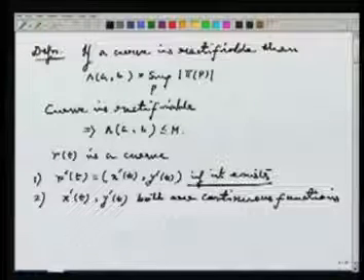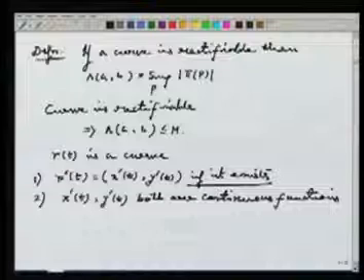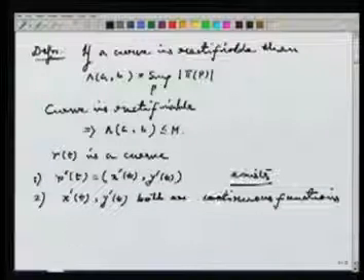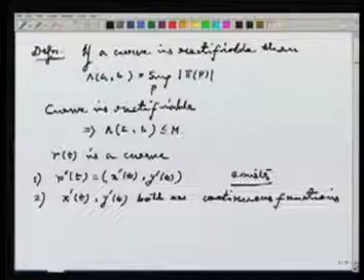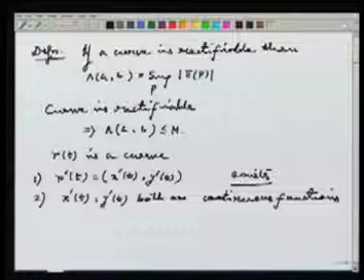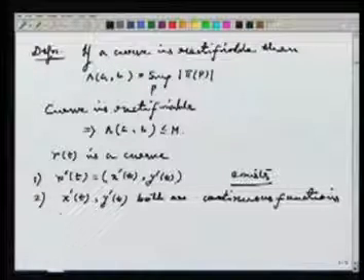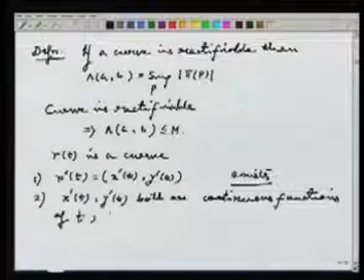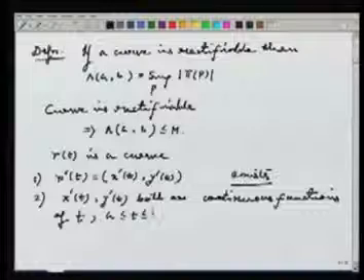Okay, so I have taken a curve R such that R prime t equals x prime t, y prime t. This exists. And the second condition is x prime t, y prime t both are continuous functions of t where a is less than or equal to t is less than or equal to b.